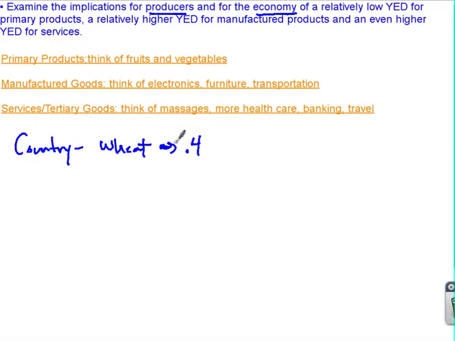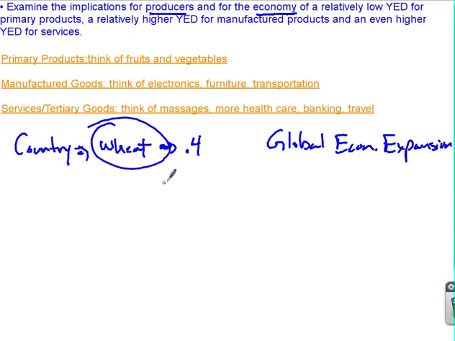Now, if you're this country and you're growing wheat, let's say that there's a global economic expansion. Countries are getting rich all over the place. There's a huge increase in income all across the world. If you're sitting there and you're making wheat, are you going to benefit a lot from this big rise in income throughout the global economy?